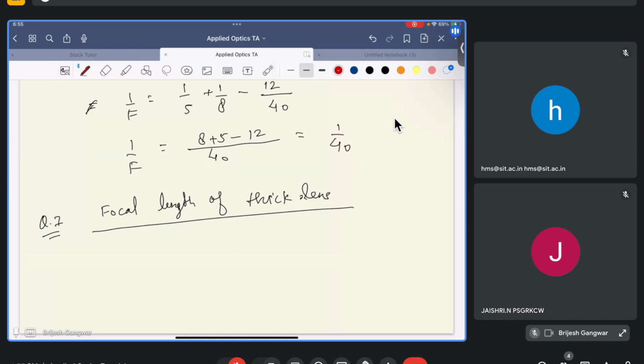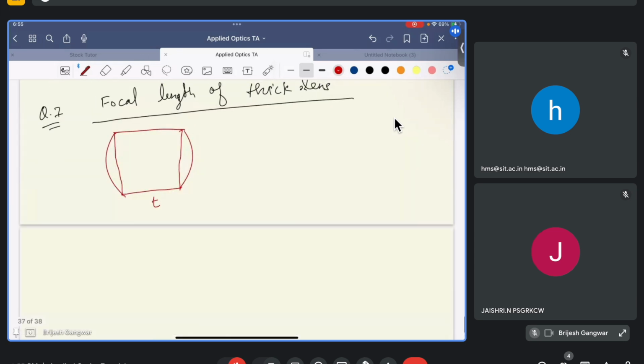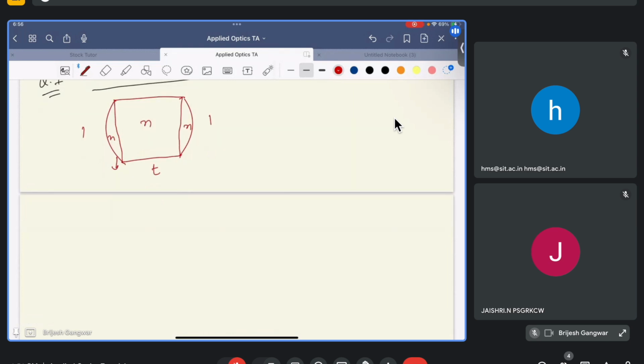So we know the thick lens will look like this. We consider this thickness to be T. The refractive index is n, and this is also n, and outside is 1. So this is a thin lens, and this is also a thin lens.